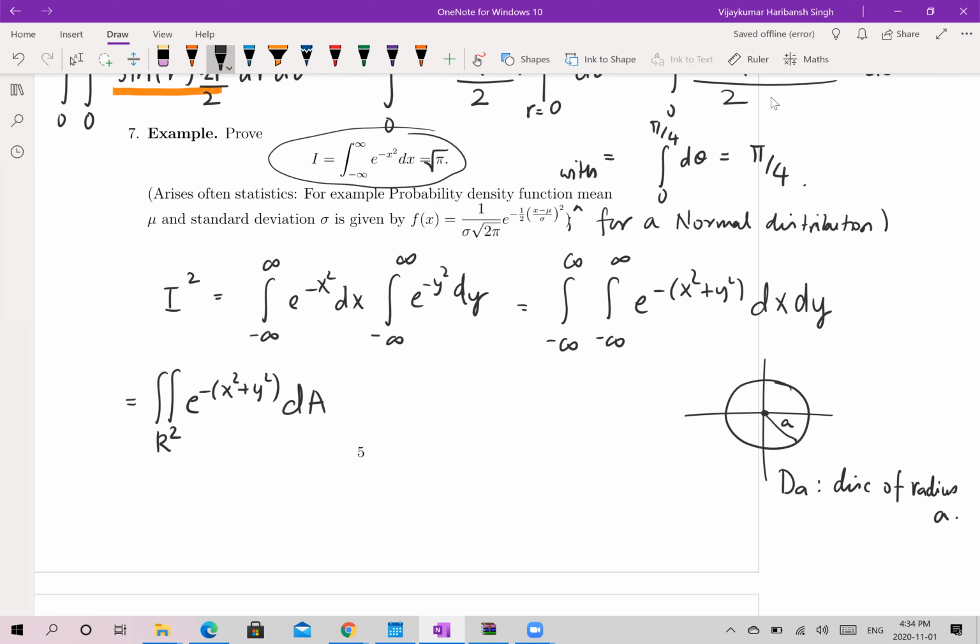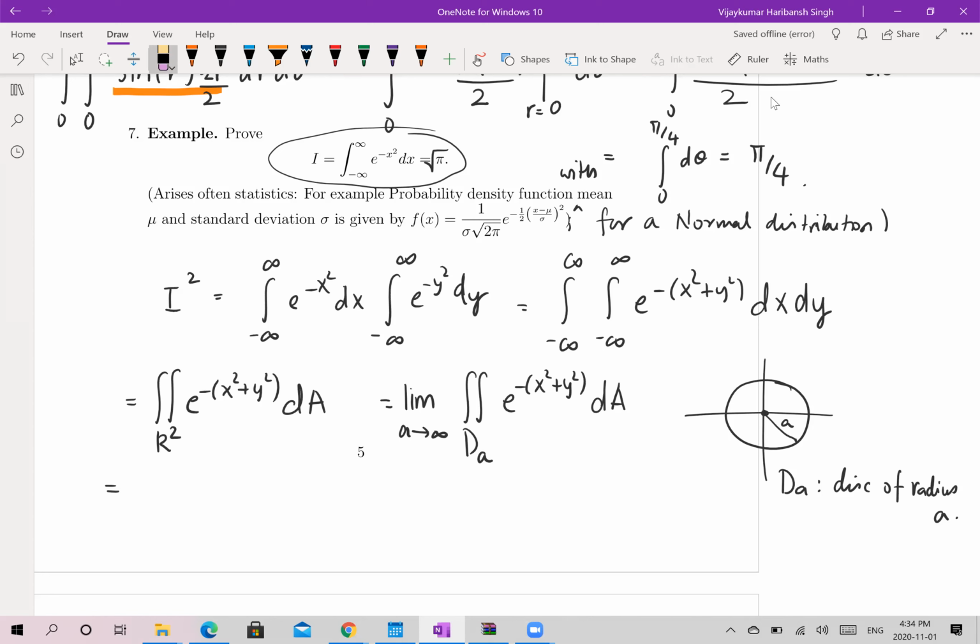So you can compute this integral as the integral over the disk of radius A of e to the power minus (x square plus y square) dA, and you let the limit as A go to infinity. All right, so if you do that, that would work out.